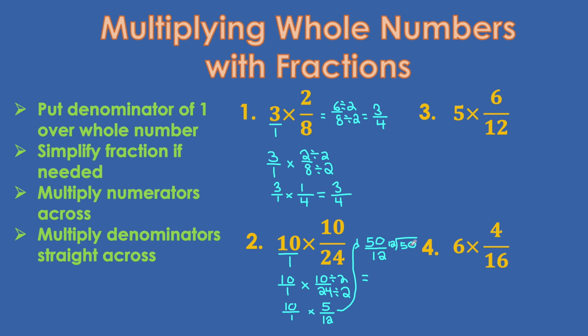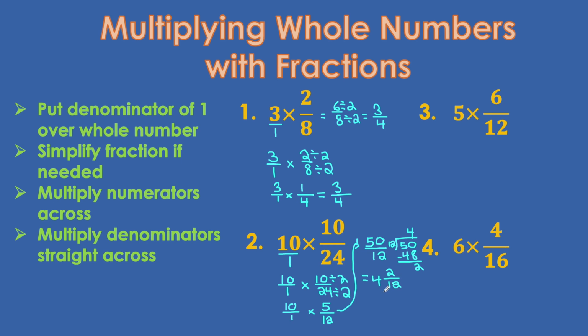12 goes into 50 4 times. 12 times 4 is 48. 50 minus 48 is 2. So our mixed number has a whole number and a fraction. The whole number is going to be the quotient, which is 4. Our fraction part, the numerator is going to be this remainder, which is the 2. And the denominator stays the same, which is the 12.